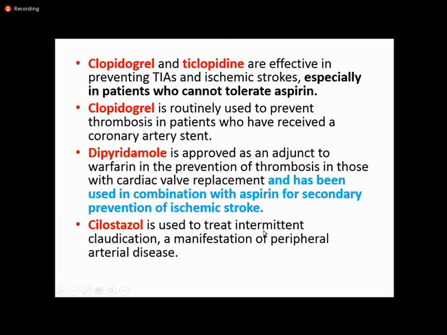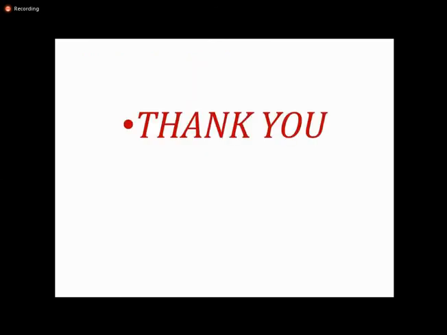And clopidogrel is routinely used to prevent thrombosis in patients who have received a coronary artery stent. Dipyridamole is approved as an adjunct to warfarin in the prevention of thrombosis in those with cardiac valve replacement, and has been used in combination with aspirin for secondary prevention of ischemic stroke. Cilostazol is used to treat intermittent claudication, a manifestation of peripheral arterial disease.